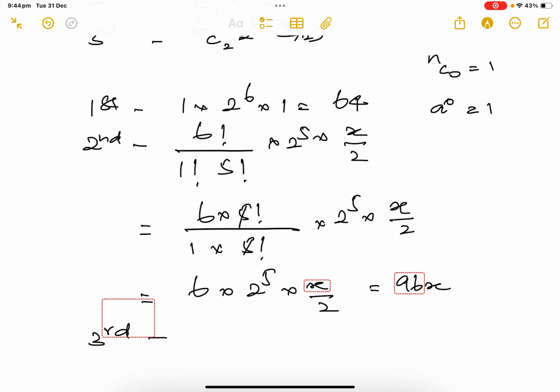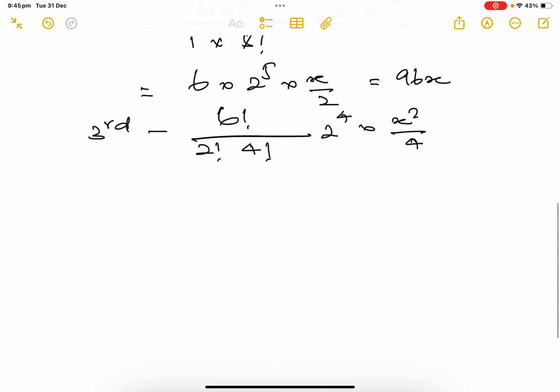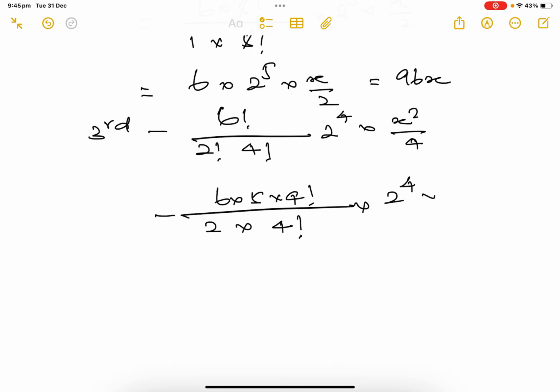Third term, 6 factorial divided by 2 factorial and 4 factorial, times 2 to the power of 4 times x squared divided by 4. Again simplified, 6 times 5 times 4 factorial divided by 2 factorial is 2, 4 factorial, times 2 to the power 4 times x squared divided by 4. The 4 factorial cancel out.